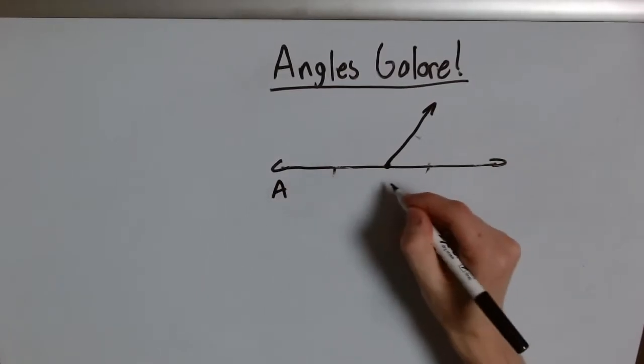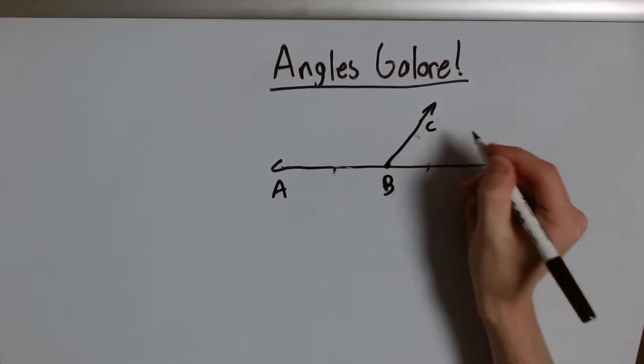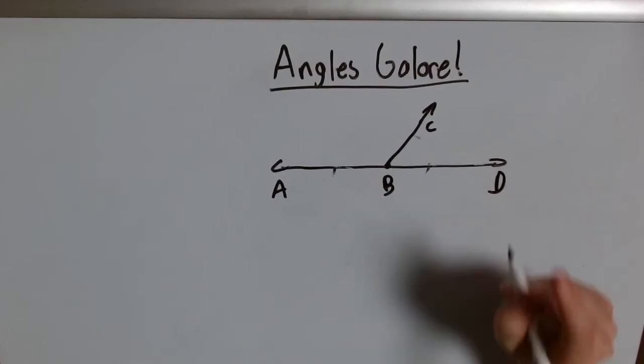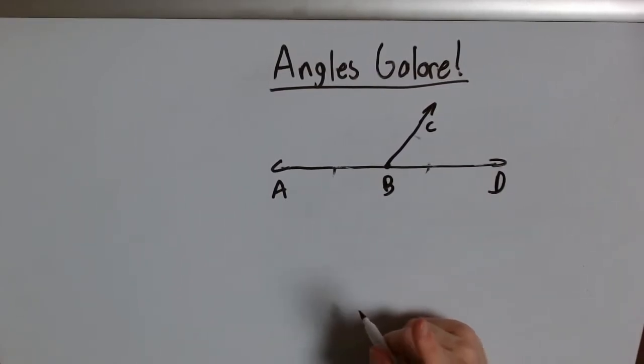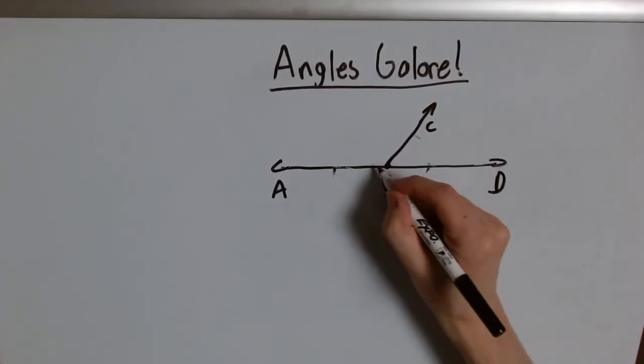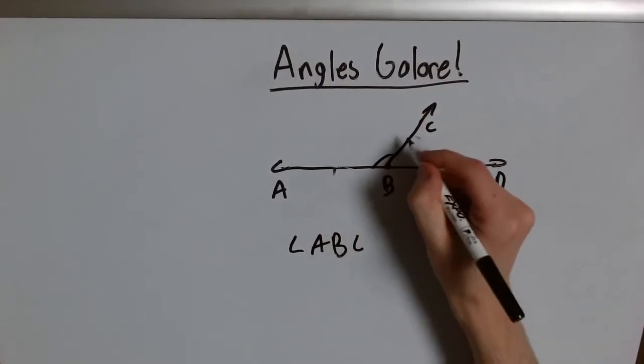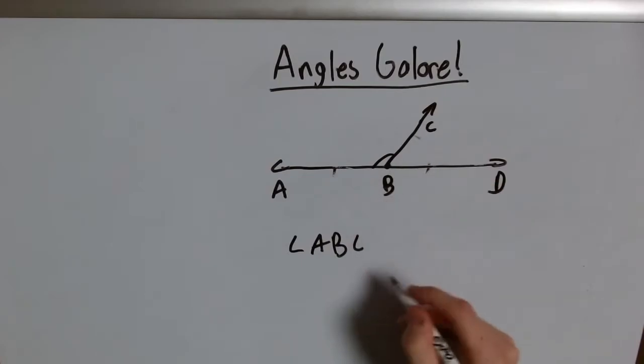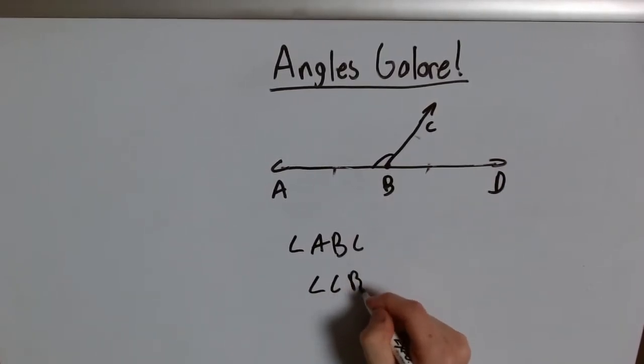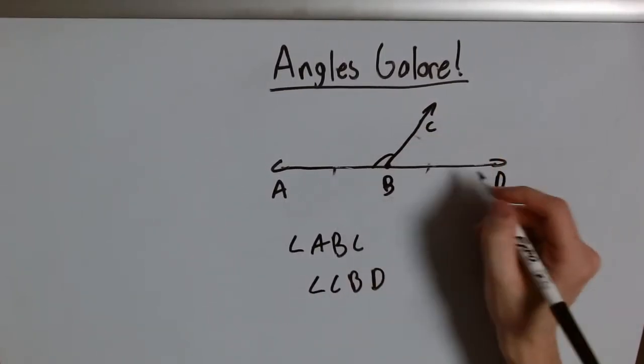This is A, B, C, D. You might not see it at first, but I've actually just created two angles. Angle ABC, this angle right here, and angle CBD, this angle right here.